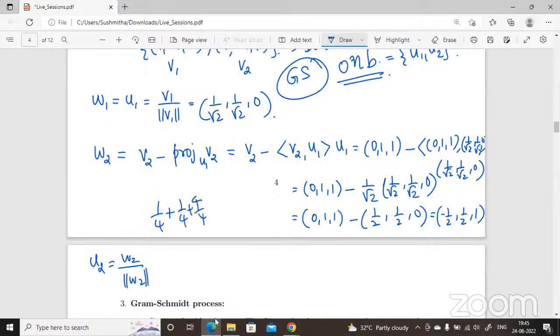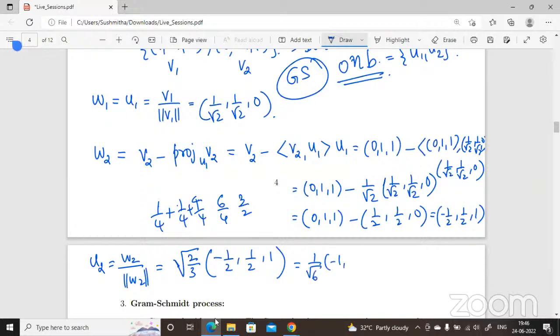This is 6 by 4, or 3 by 2. So the norm is root of 3 by 2. 1 by norm is root of 2 by 3 times minus 1 by 2, 1 by 2, 1. To simplify, maybe we can multiply and divide by root 2. So that's 1 by root 6 times minus 1, 1, 2.